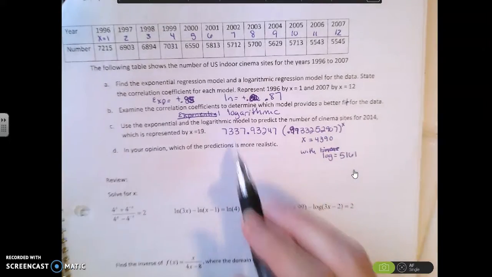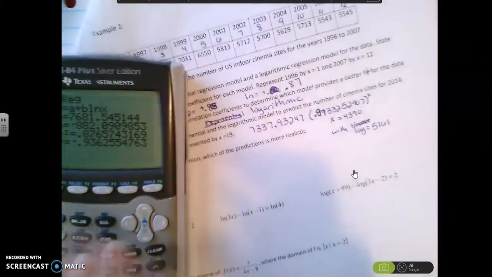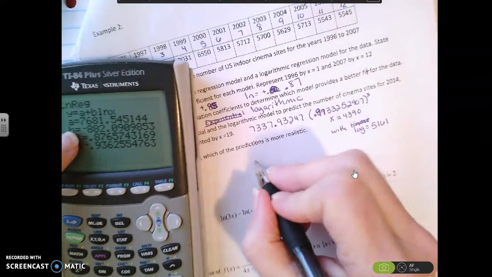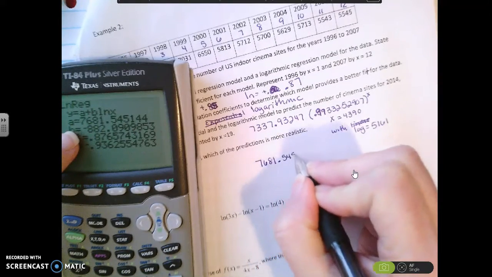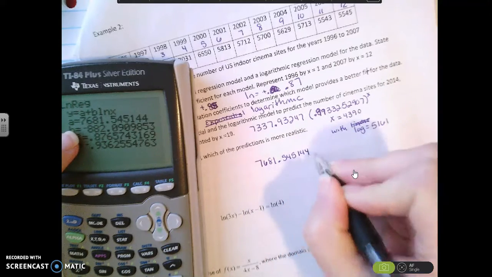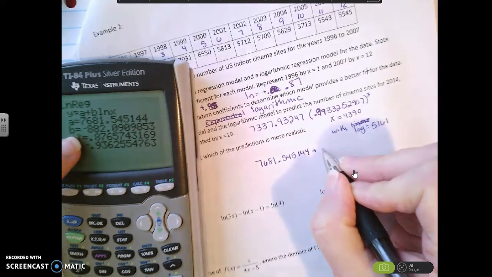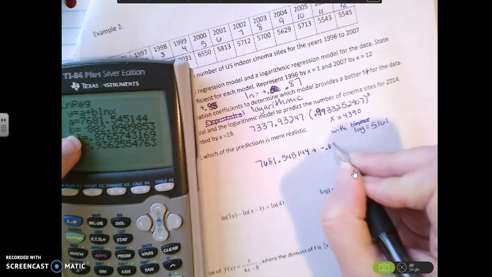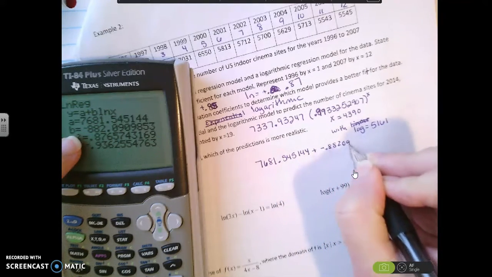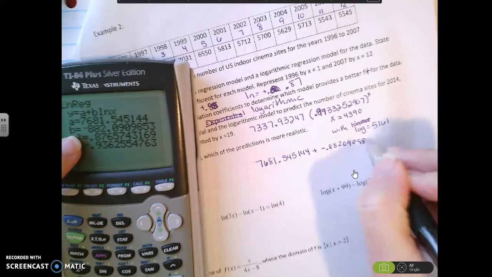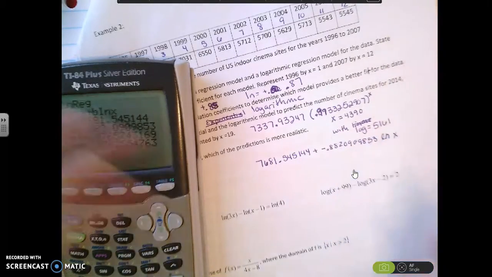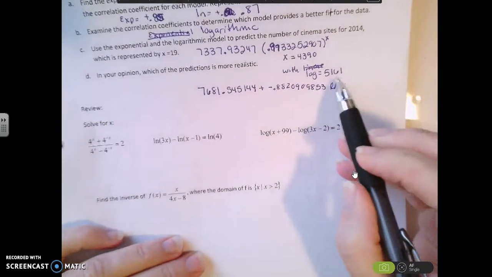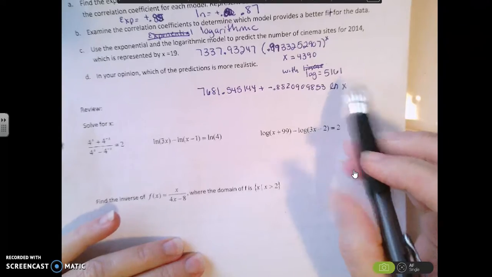My logarithmic equation is going to be in the format 7681.545144 plus negative 0.8820909853 ln x. And so if I substitute 19 into that, I get 5,161.